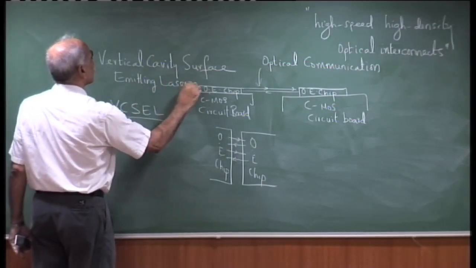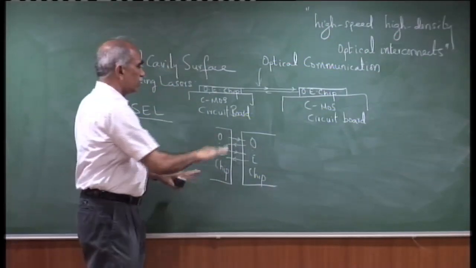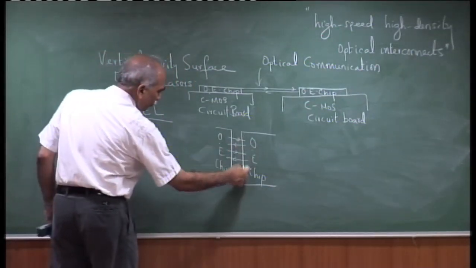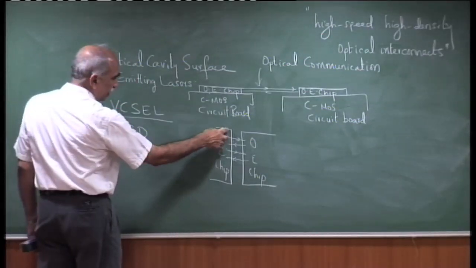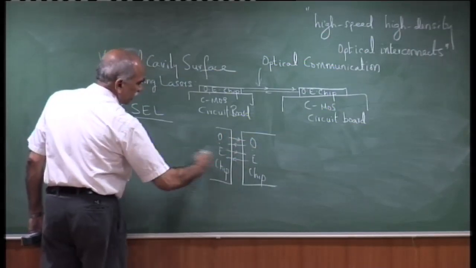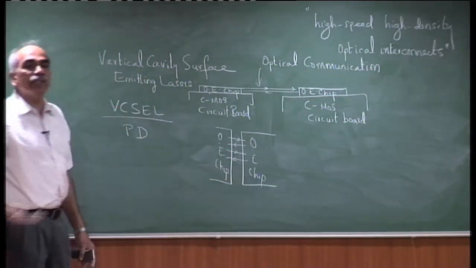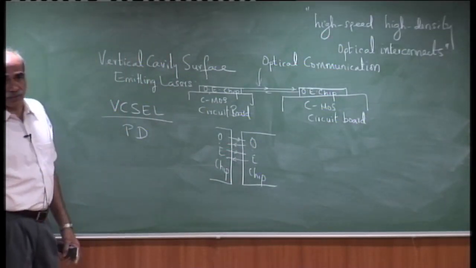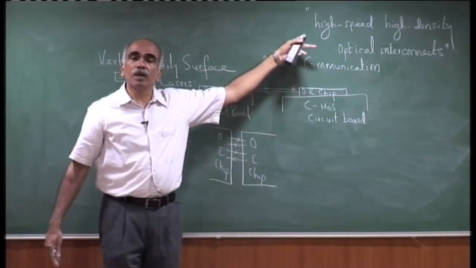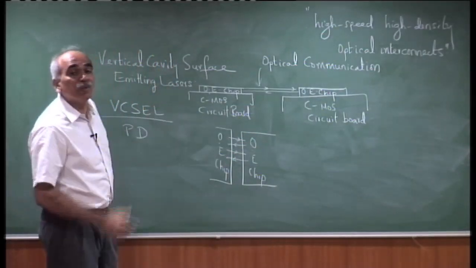You can draw an array of VCSELs on the chip which emit vertically, and you can have an array of photodetectors here. With an array of VCSELs and photodetectors, you can have free space chip to chip communication at very high data rates, tens of gigabits, and many of them. This is what is being developed now, and it is a highly improved version of the original optocoupler.